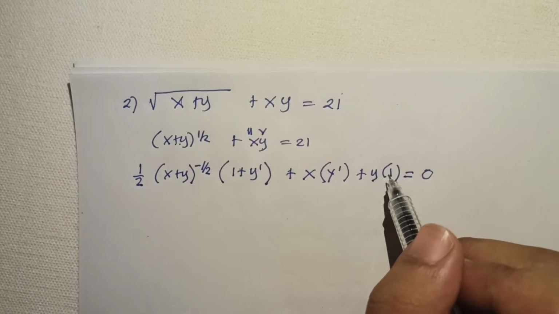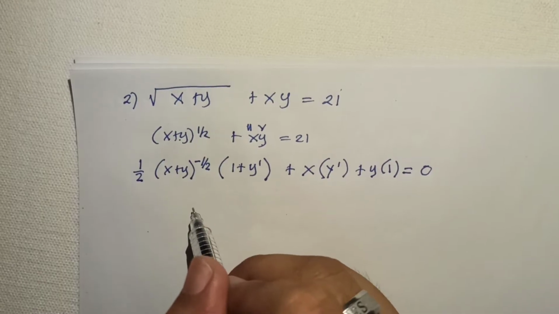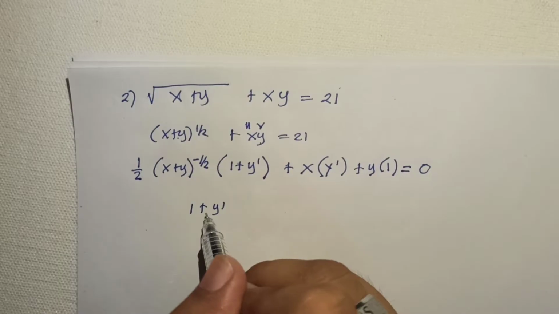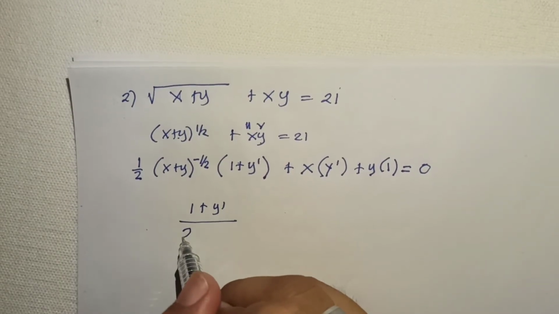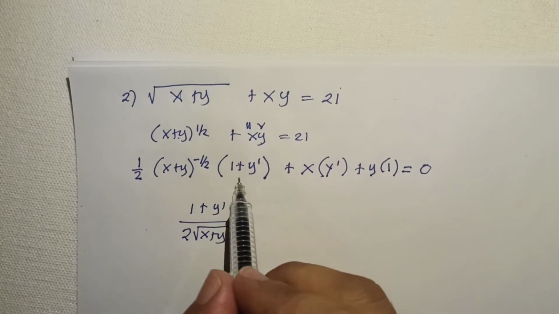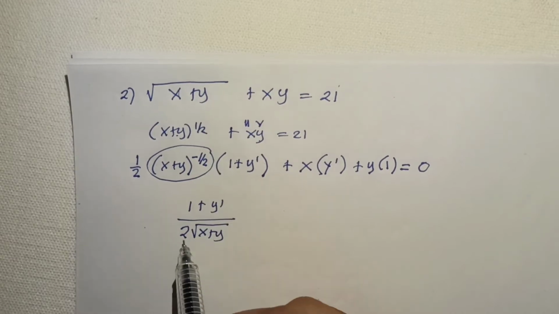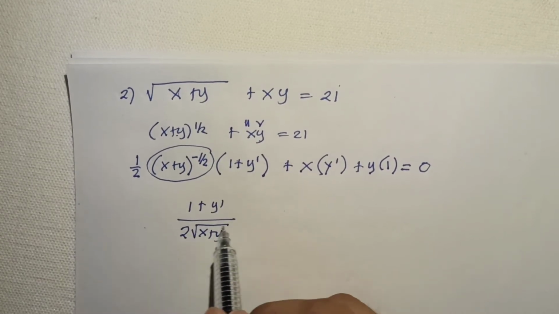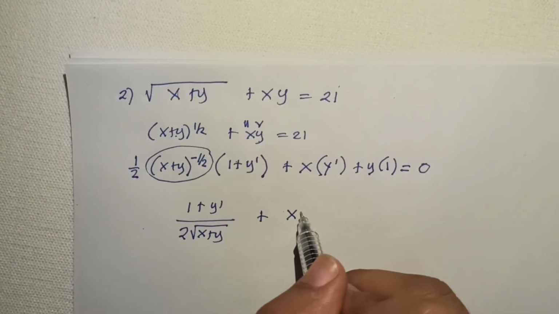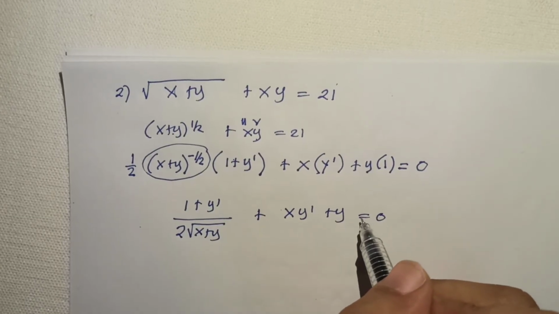Next, we have to express this as 1 plus y prime over 2 the square root of x plus y. And this will become, at the denominator, 2 the square root of x plus y, plus x y prime plus y is equal to 0.